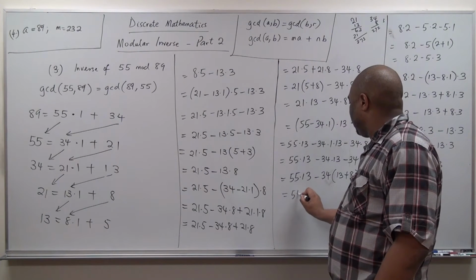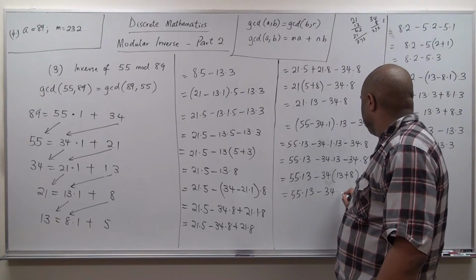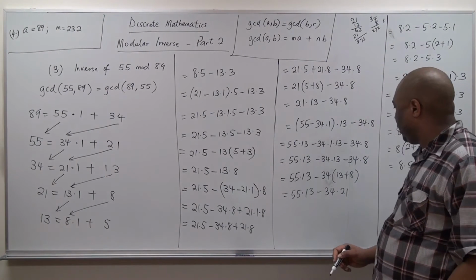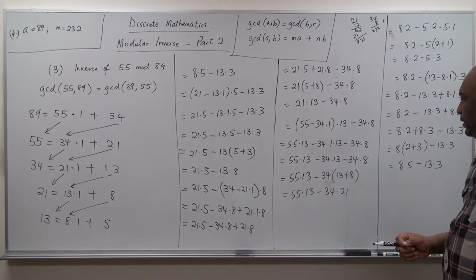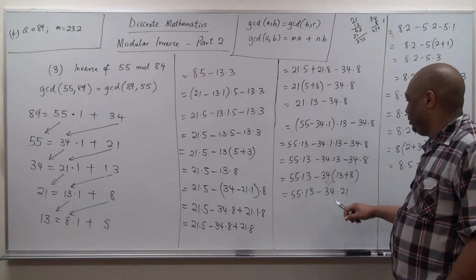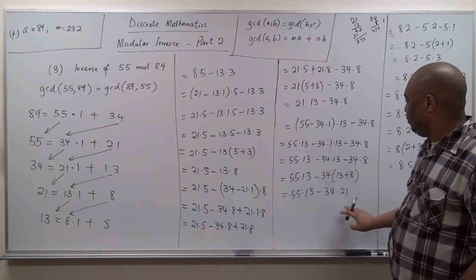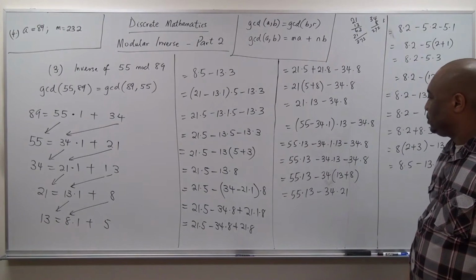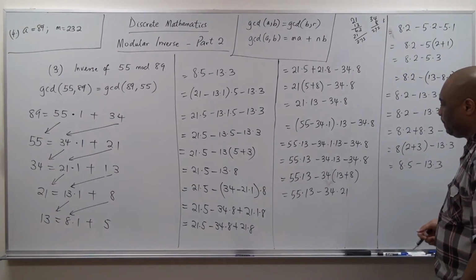So this is 55 times 13 minus 34 times 21, right? Okay, so we've expressed it in 55 and 34. Okay, so the next thing, you see this one is like left, the next one will be right. So we have to solve for 34 and express it in 89 and 55.